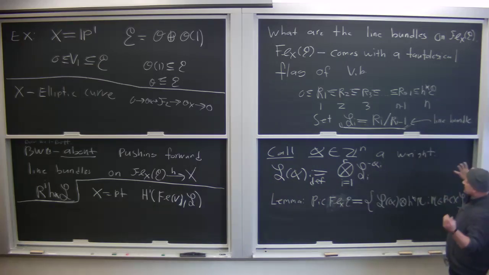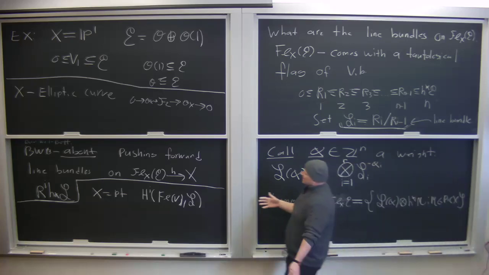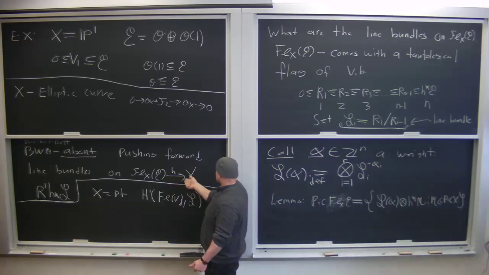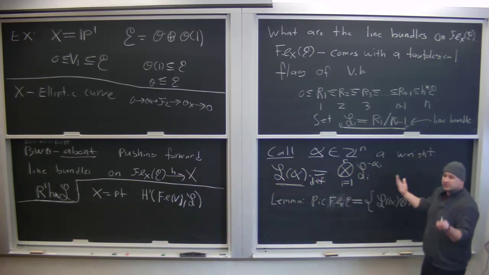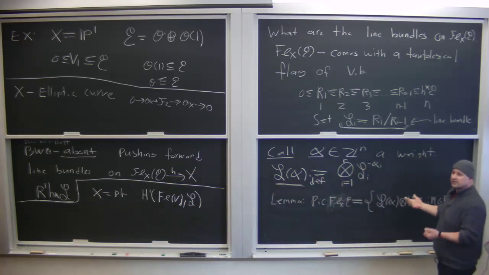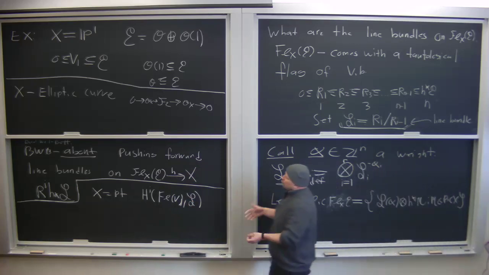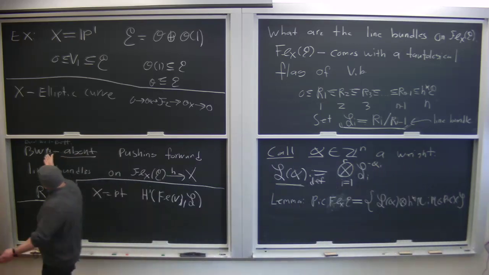But the point is that I can't really say anything in this setup about the line bundles from the base, which have whatever cohomology they do, or if it was a point, there would be no line bundles here. So just these ones here are the interesting line bundles, these L of alphas. And so this is what Borel-Weil-Bott is about.